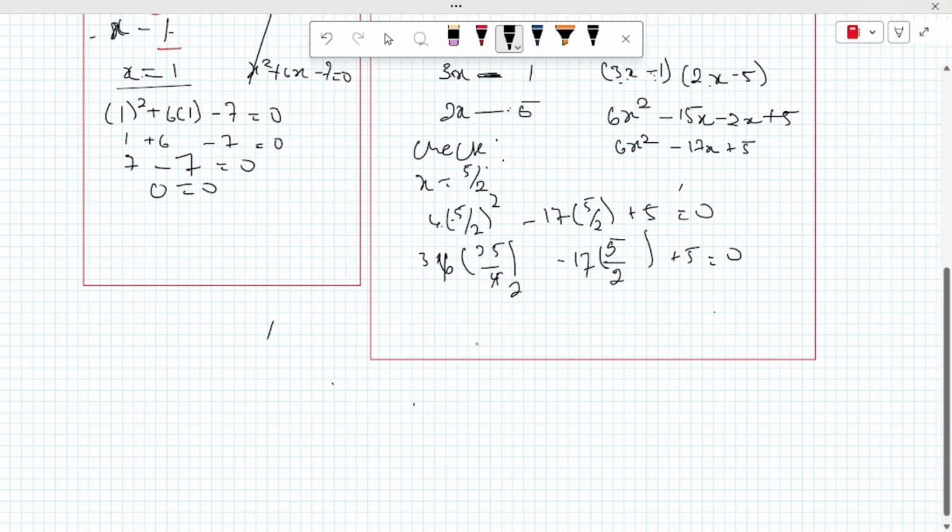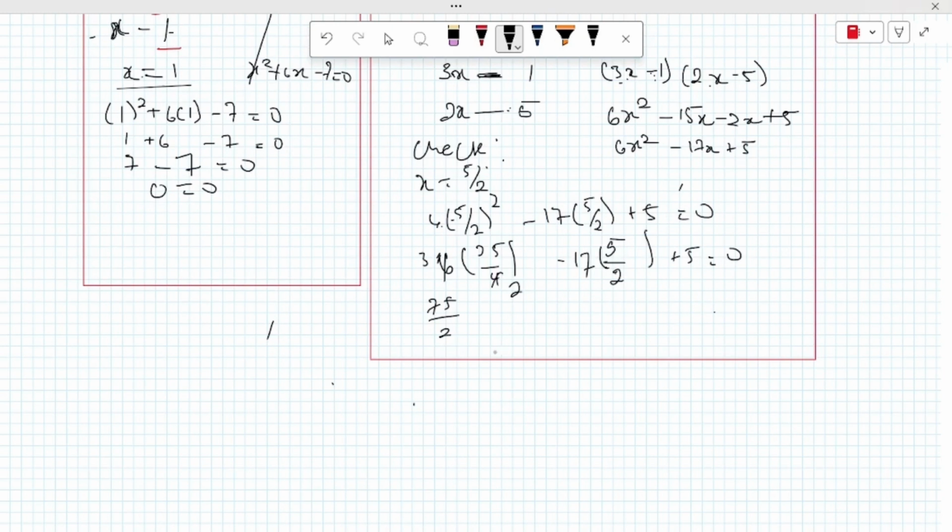All right, so let's double check again. We said 3 times 25 is going to be 75 over 2, and then 17 times 5. Now 17 multiplied by 5 is going to be equal to 85.